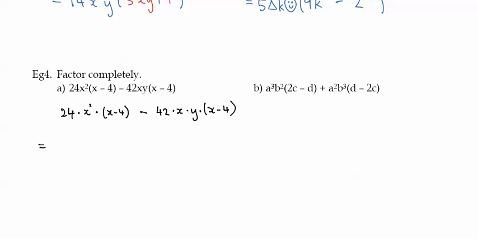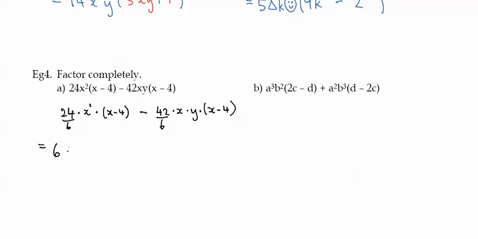What about the 24 and the 42? 6? Can it be anything bigger than that? Not quite, yeah. So we will take out the 6. We can take out the 6 from those two numbers. What else can we take out?